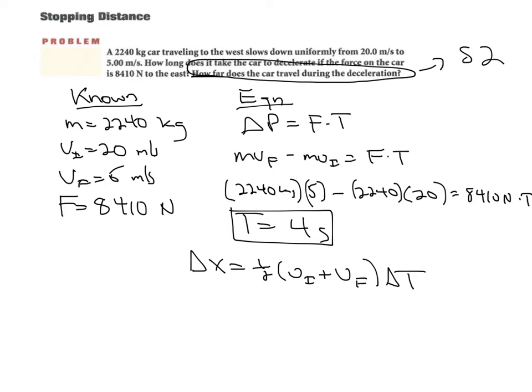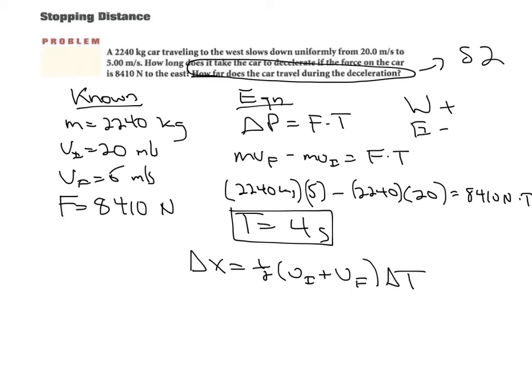And now something we should have done before when we were defining our velocities. In momentum problems, any problem involving momentum, since momentum is a vector, we need to define a direction as positive or negative. So let's define west as positive and east as negative. That's fine.